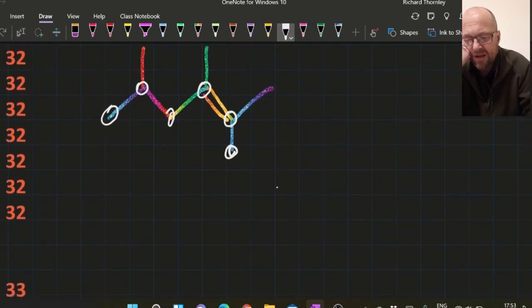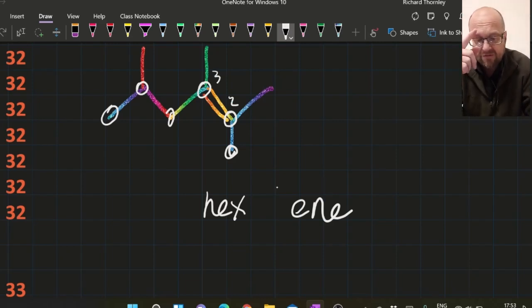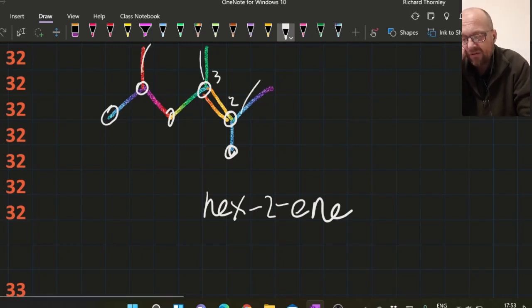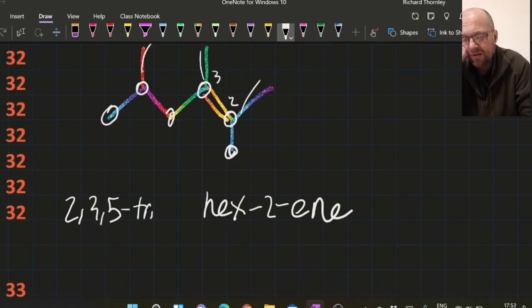So that's going to be hex. I see it's a double bond. It's going to be ene. The double bond is between the second and the third carbon. Choose the lowest number, hex-2-ene. And I've got branches on the 2, 3, and 5. So 2,3,5-trimethylhex-2-ene.